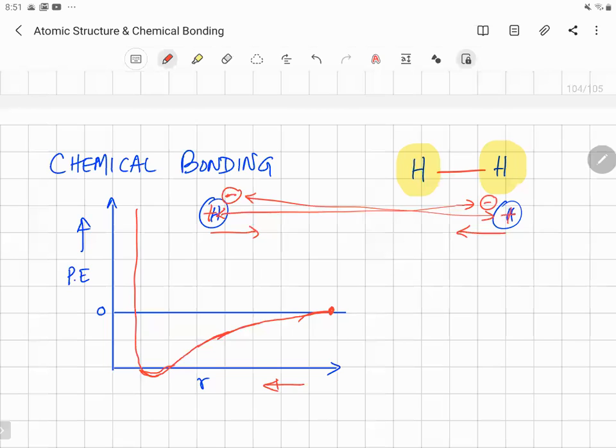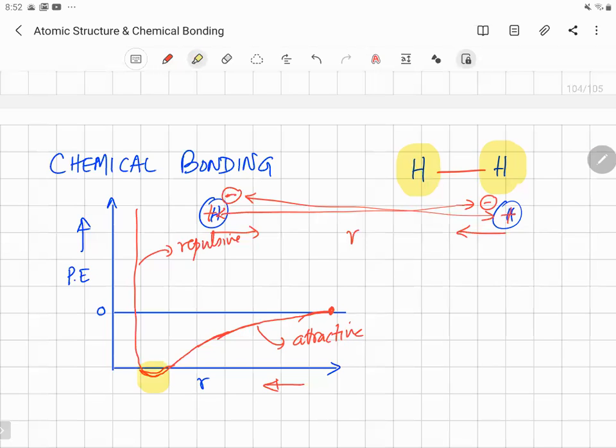So what happens is, when these two atoms come closer, the attractive force dominates. So this part is the attractive part, and this part is the repulsive part. First, as they come closer, the attractive force keeps increasing, and as the attractive force increases, potential energy starts decreasing. Ultimately, it goes to a point here.